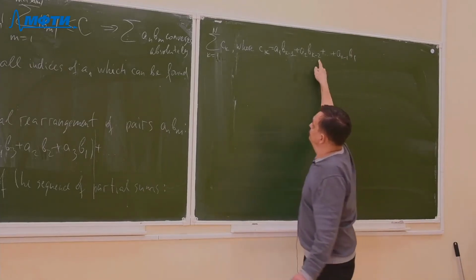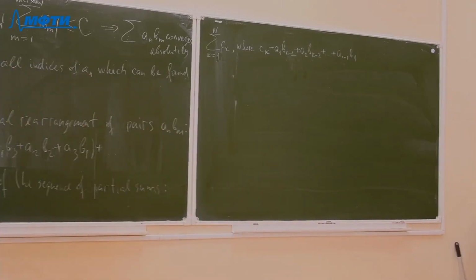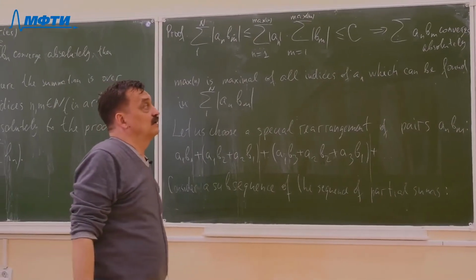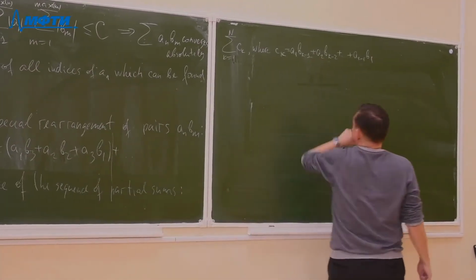So you see the sum of indices for each Ck is equal to k always.